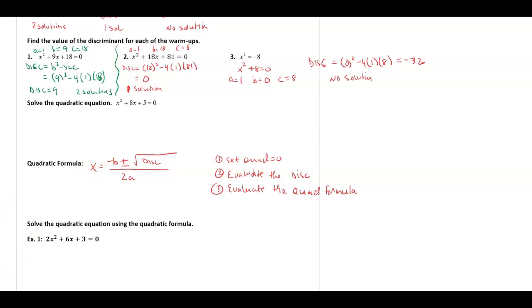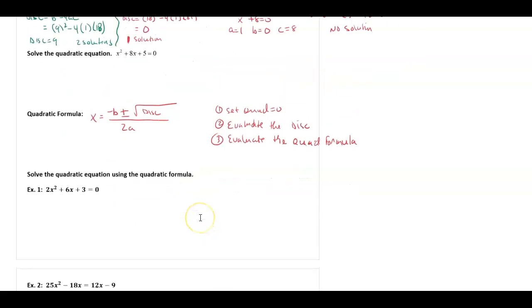So let's take a look at the first example here. Right away we look, this is already set equal to 0. So a is equal to 2, b is equal to 6, c is equal to 3. Now the first thing I do is evaluate the discriminant.